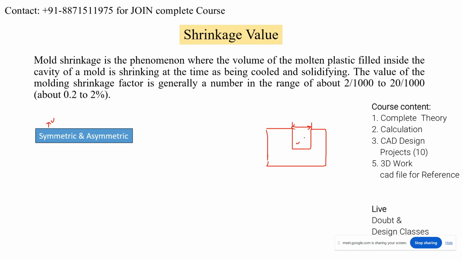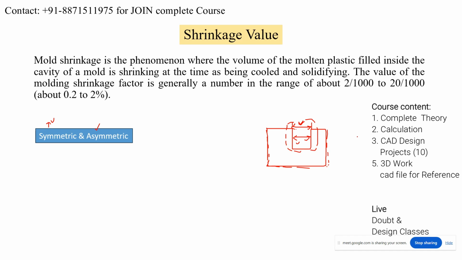The other dimension is not critical, it is a rough dimension. So for controlling this dimension, we have to provide asymmetric tolerance, for controlling this dimension or the diametrical, right or wrong?